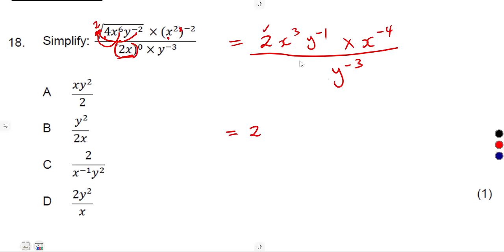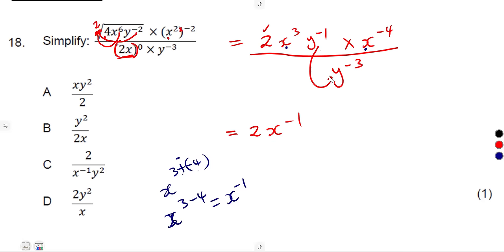All right. The x on the numerator there, this one times this one, it's a product. So for a product, you add the exponents, -4 plus 3, which gives us -1. So that's x to the exponent of -1.